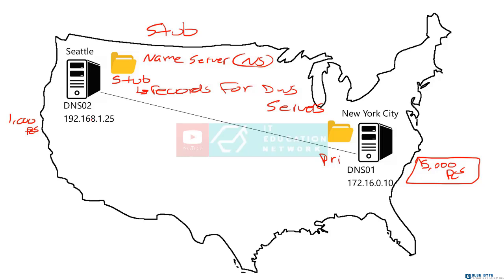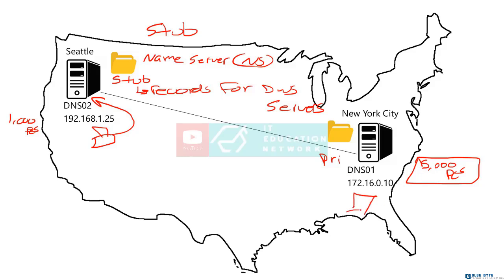What happens now? My user in Seattle wants to resolve something on the other side of the WAN link. They do get directed to this DNS server here, but it doesn't have these 15,000 records on it. Instead, it has a list of DNS servers. It's going to pass that query to one of those DNS servers.